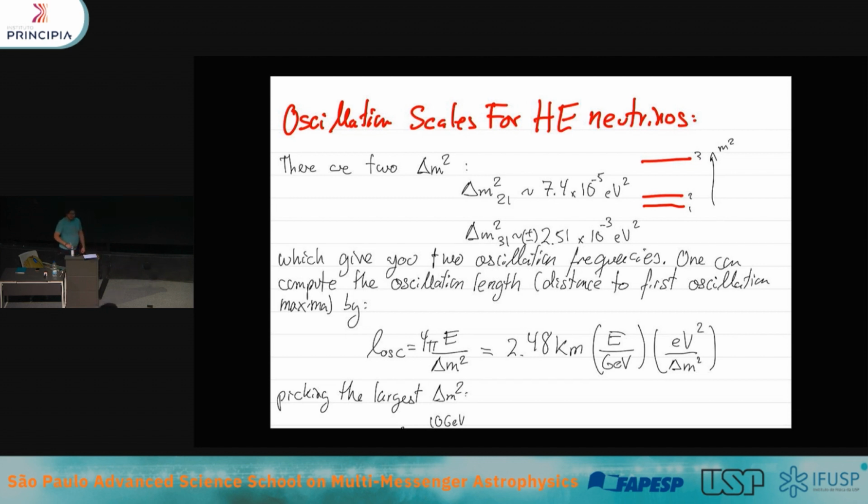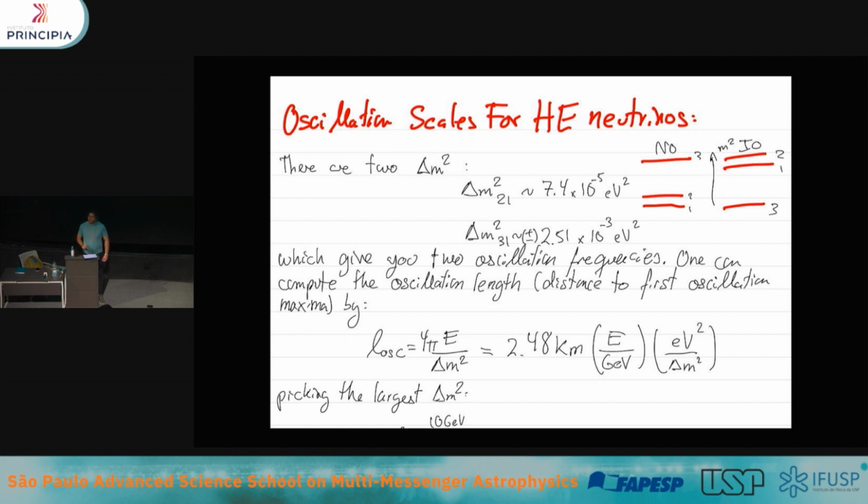So we call that the normal ordering. And there's another possibility that the actual mass spectrum of the neutrinos looks like this. 1, 2, and 3. Okay? So we call this the normal ordering, and we call this the inverted ordering.